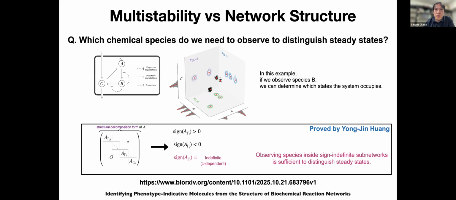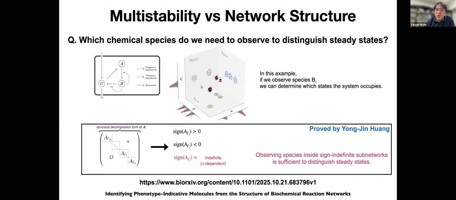This system has three stable steady states, but chemical species A only has two levels, and chemical species C has only one level. Only chemical species B has the three levels. Okay. So in this way, the multiplicity differs across species.